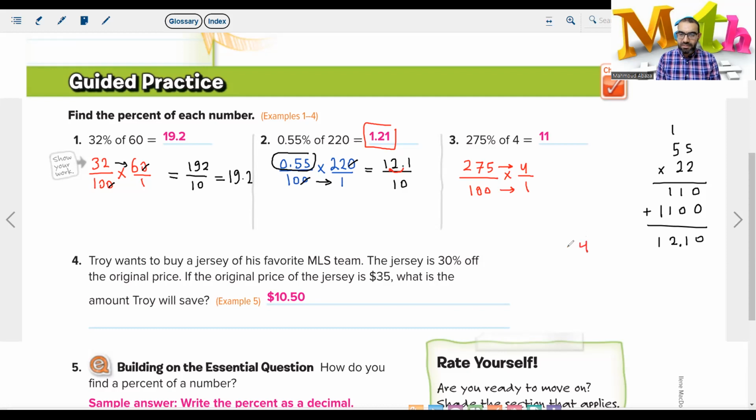So what is 4 multiplied by 275? 4 times 5, 20, 0 carry up 2. 4 times 7, 28 plus 2, 30, 0 carry up 3. 4 times 2, 8 plus 3, 11. So in the numerator, it's 1100, divided by 100, where over means division. So we can cancel two zeros up with two zeros down. It gives you 11 over 1, which is 11.